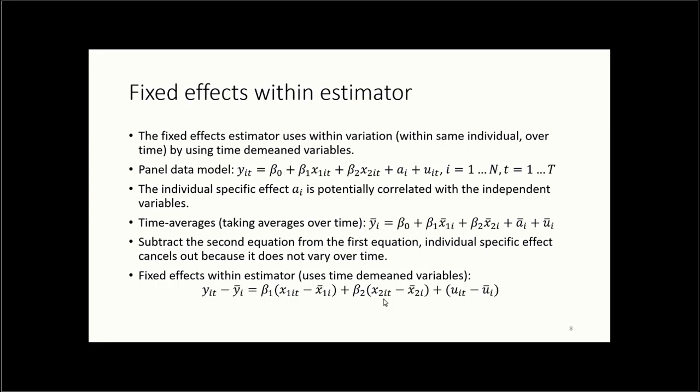So this variable here, the variable minus its mean over time, is also called a time demeaned variable. So this would be the fixed effects within estimator. So instead of estimating the original model, we're going to take each variable minus the mean, form these new variables, and that's how we are going to estimate the model.